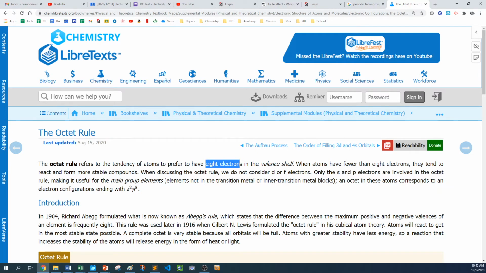So every atom, according to this octet rule, wants to have a valence shell with 8 electrons. All atoms want to have 8 electrons on the outermost energy level, or outer shell. Atoms with fewer than 8 electrons tend to react and form more stable compounds.